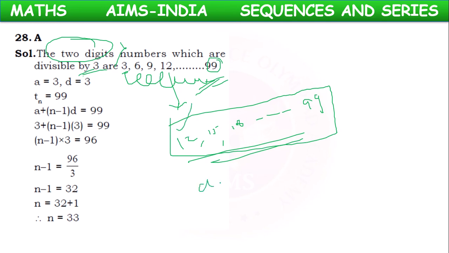So then the a value will be 12, the d value will be 3 and Tn will be 99. The same method we have to follow.